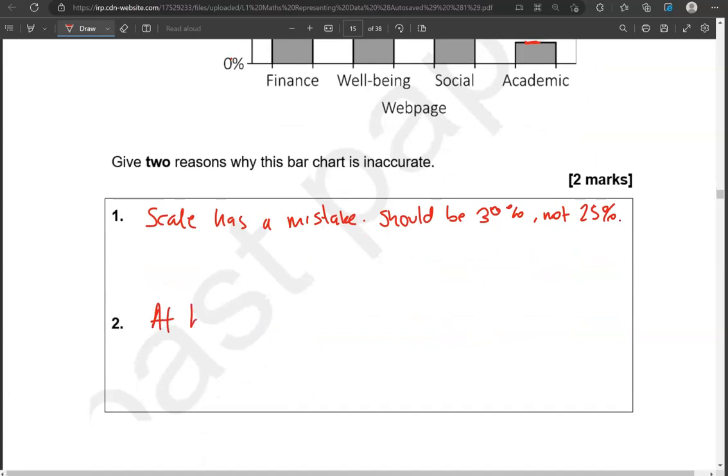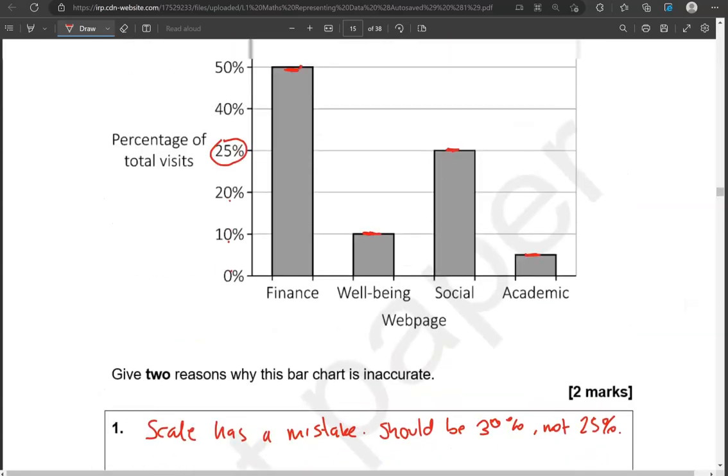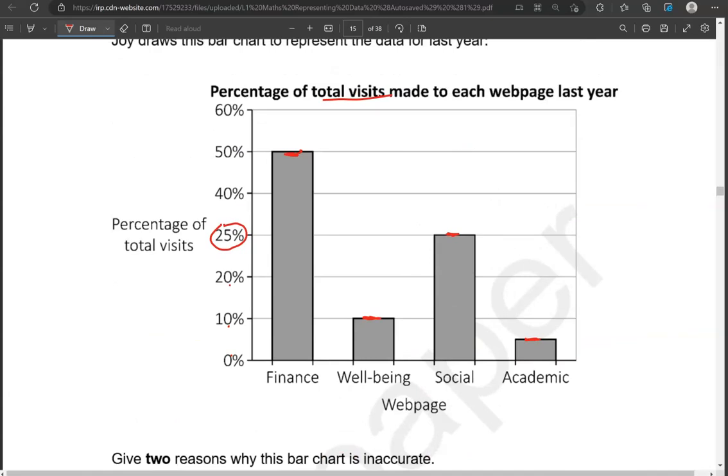So at least one bar is plotted incorrectly as the total for all bars is not 100%. Now I've got to say that not all bars in all bar charts should total a certain number, but because we're talking about total number of visits, they should add up to 100%.